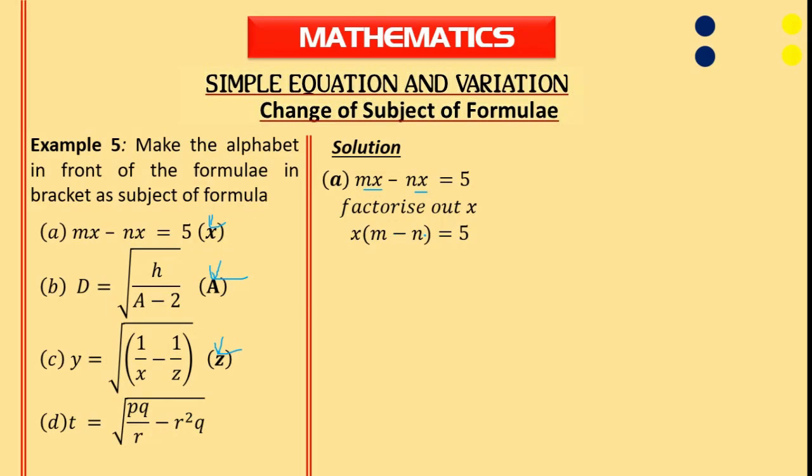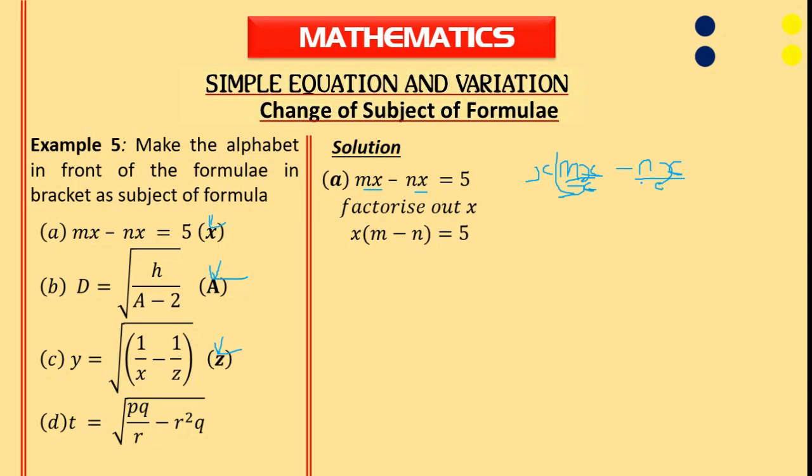If you're confused about how we come about this, when you're factorizing mx minus nx, x is common, so you are bringing out x, so you are also dividing through by x.